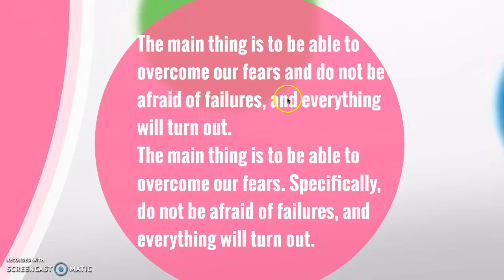I noticed that this fear that is talked about is then almost given an example of a fear, because it says to overcome our fears and do not be afraid of failures. So I chose actually to not use one of the "and" transitions that was on the slide, but to use a transition that would indicate almost the idea of "for example." And here I put "specifically."